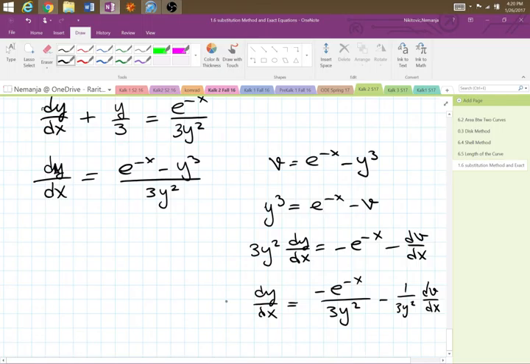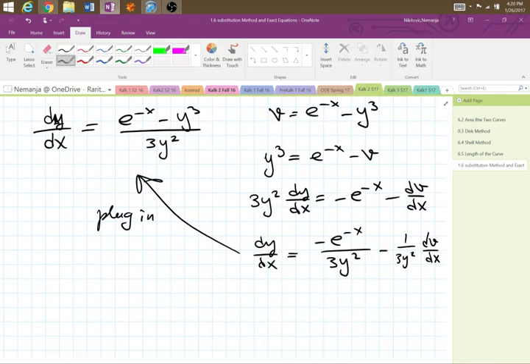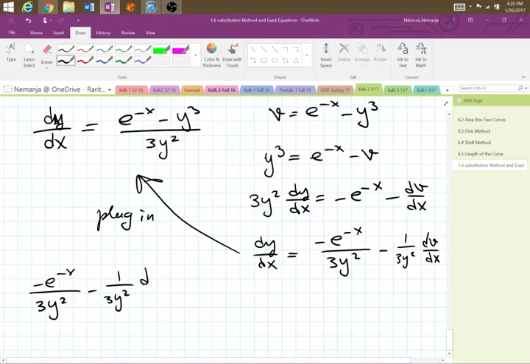So now I plug in. Instead of dy/dx, I have negative e to the negative x over 3y squared minus 1 over 3y squared dv/dx equals just v over 3y squared.